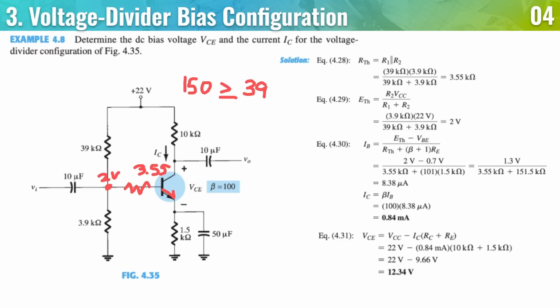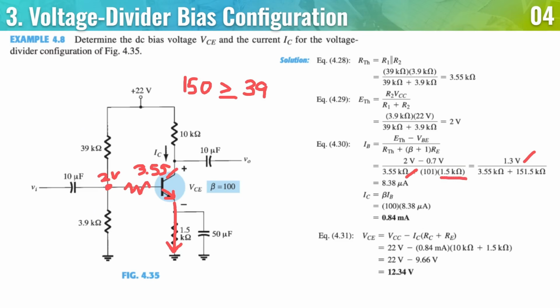Remember that there is a voltage drop across this resistor. That's why we have 2 volts minus 0.7 volts for the voltage. And then the resistance is going to be 3.55 at the base, but we must also include this.